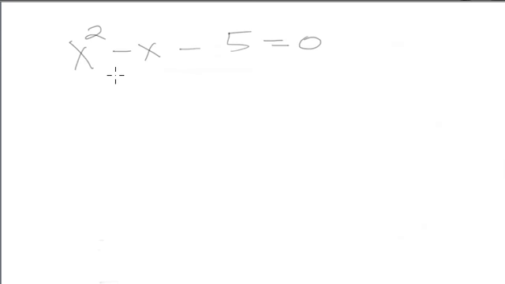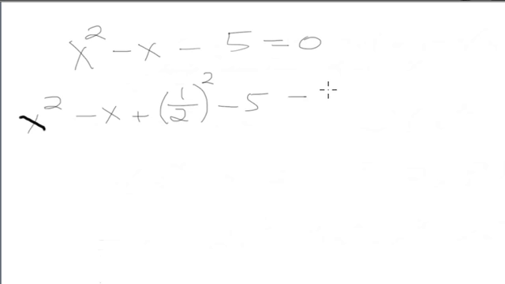So what I'm going to do is look at the coefficient on x. I'm going to say x squared minus x, and the coefficient is -1, so I'm going to add -1 over 2 squared, which is 1/2 squared, minus 5 minus 1/2 squared, which is still equal to 0.